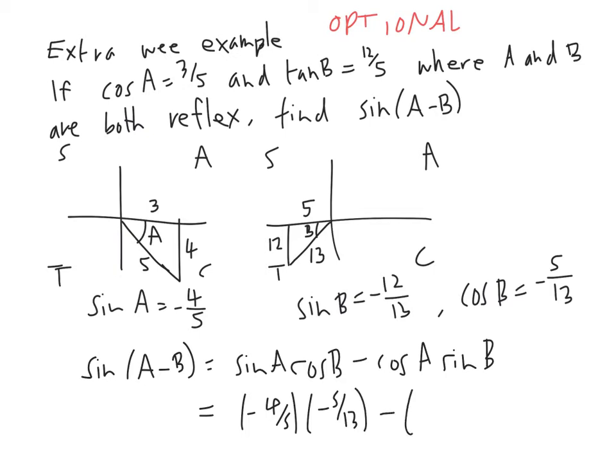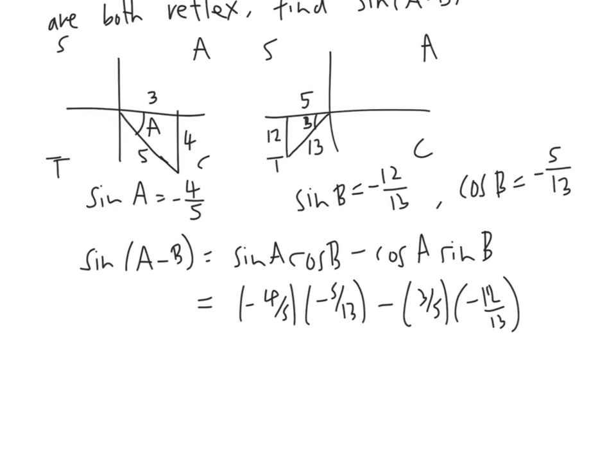Cos A is given in the question, 3/5, and sine B is minus 12 over 13. If we work that out, I was going to simplify there, but probably best not, because we're going to subtract the fractions. So we end up with 20 over 65 plus 36 over 65. So that gives 56 over 65.